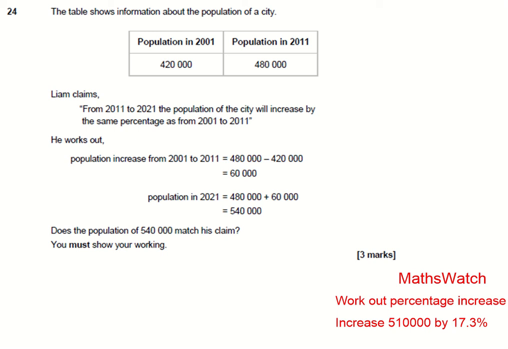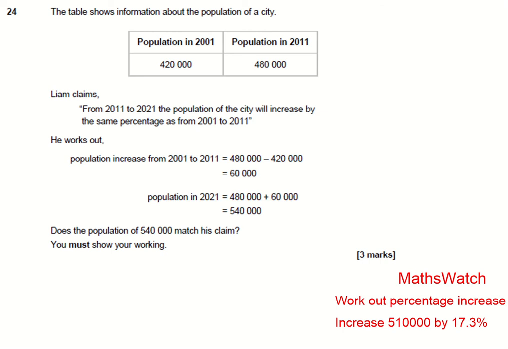He works out population increase from 2001 to 2011 is equal to 480,000 minus 420,000, which is 60,000. The population in 2021, therefore, will be 480,000 plus 60,000, which is 540,000. Does the population 540,000 match his claim? You must show your working.